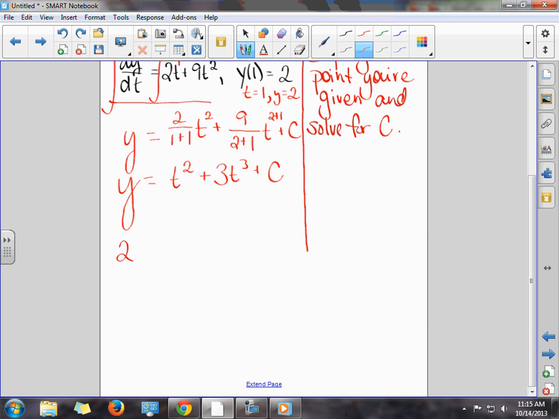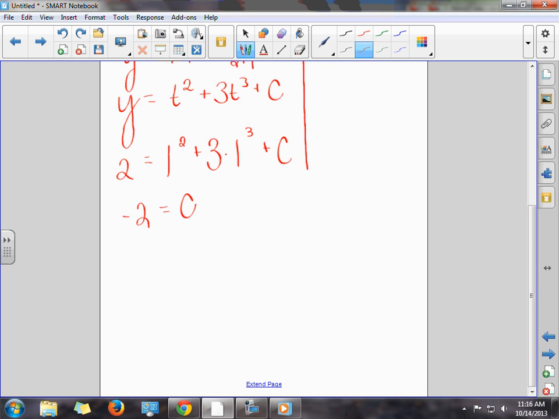I get 2 is equal to 1 squared plus 3 times 1 cubed plus c. This is 1 plus 3, which is 4. If I subtract 4 from both sides, I get negative 2 is equal to c. Now I can rewrite my antiderivative: y is equal to t squared plus 3t cubed minus 2. And there is my solution.